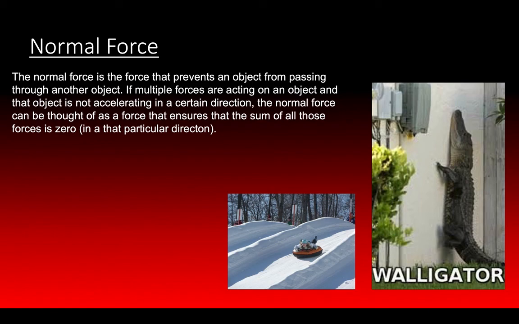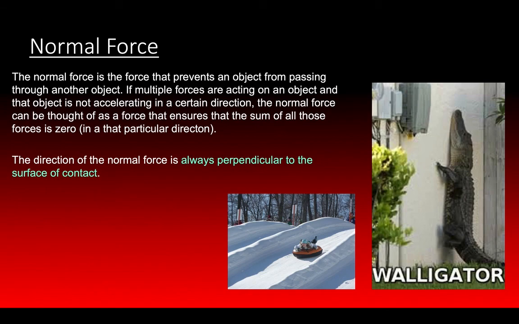And the normal force is going to ensure that that object does not accelerate in a certain direction. And I want to emphasize, in a certain direction. So the normal force could be thought of as a force that ensures that the sum of some forces acting on an object in a particular direction add up to 0. The direction of the normal force is taken to be always perpendicular to the surface of contact.